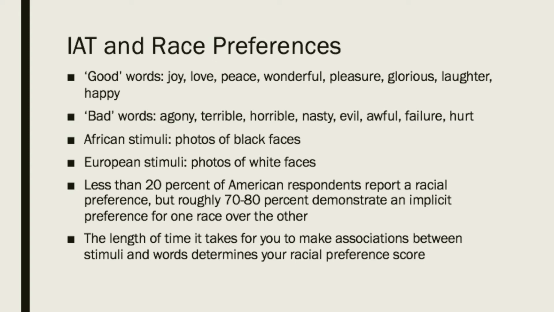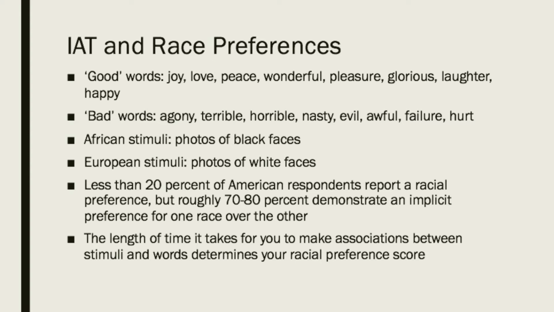The words with positive valence include, for example, joy, love, peace, wonderful, pleasure, glorious, laughter, and happy. The words with negative valence include agony, terrible, horrible, nasty, evil, awful, failure, and hurt.